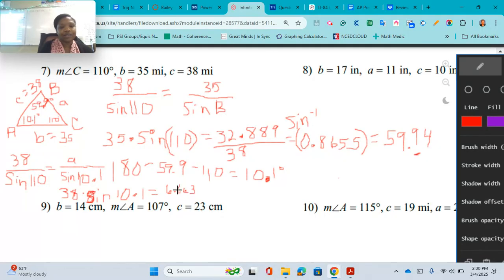All right, that's 6.663. That's a decimal right here. All right. The last step. We need to do what? Excellent. We divide by what is left after we cross multiply, which is the sine of 110.